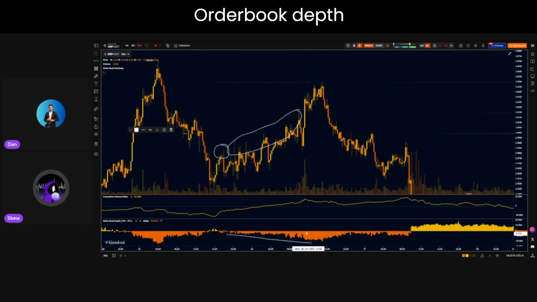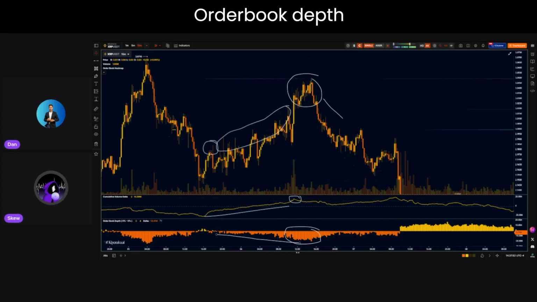The increasing ask depth or increasing supply, and then CVD increasing with price, right? So then you're left with absorption at the high. You get a consolidation like that typically. You get a spike in the CVD and then it turns down, and then you get pretty high ask depth, and then price reverses.